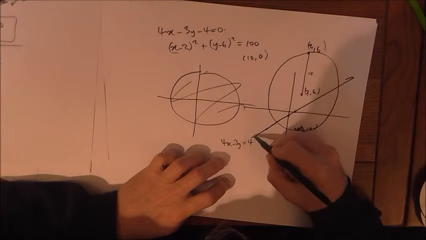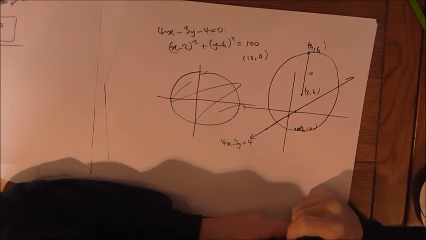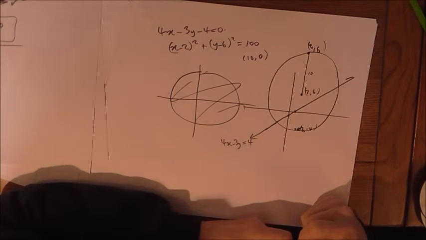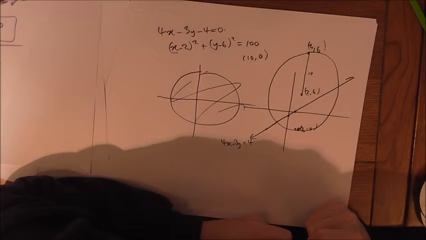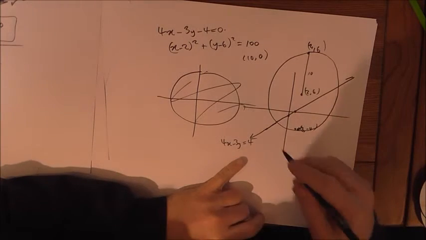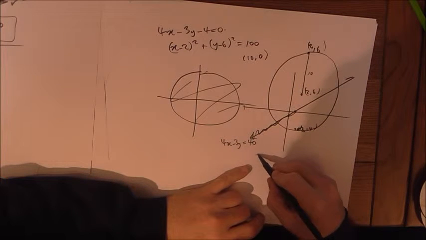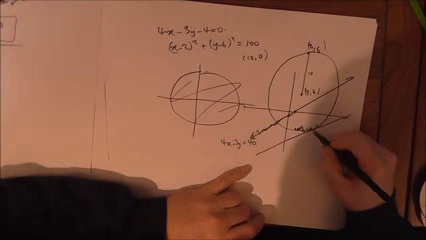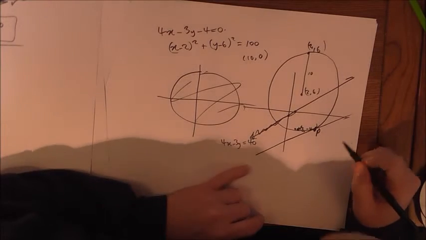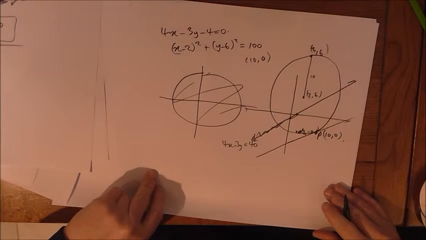So that's the line there. Oh, sorry, I made a mistake there. It's not minus 4, it's minus 40. So that goes way down here. And that's P, which is 10, 0. So this is a terrible diagram. Really terrible. I'll start this again.